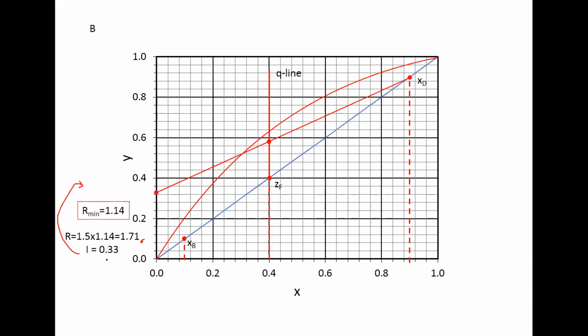Take a straight line from XD. Correct. Draw an operating line of the stripping section, right? From XB to the intersect between the feed line and the enriching line over there, right?